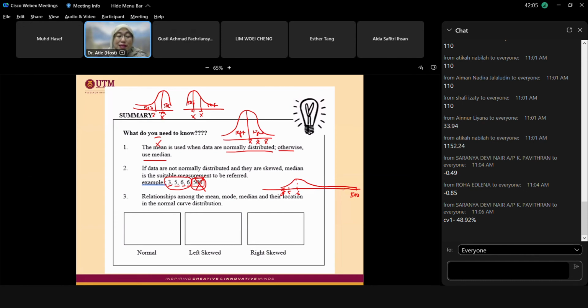It's not the same as the rest. So if we just focus on these four numbers, we are hoping it's going to be more normal. But again, it also depends on the topic and what your research objective is.